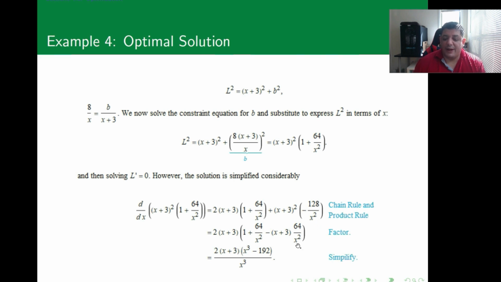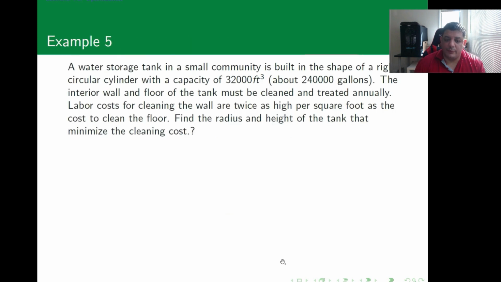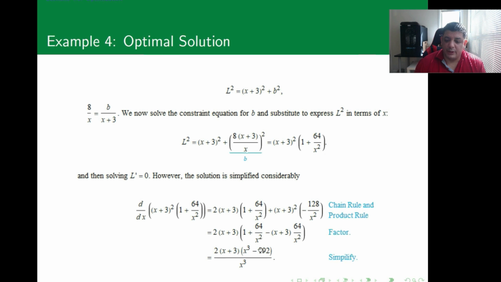Now we simplify and factor a bit, and after simplifying we obtain a more concise expression for the derivative, which can give us some critical points. One critical point is 0, where the derivative does not exist, another is minus 3, which makes this 0, and of course the cube root of 192.